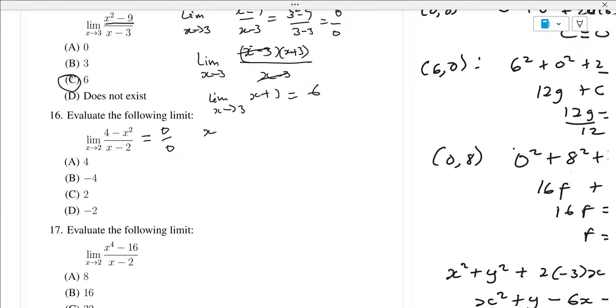If we have x squared minus 4, and I want to break it, it is the same as writing 2 minus x and then 2 minus x. You get it? So this is what we have.